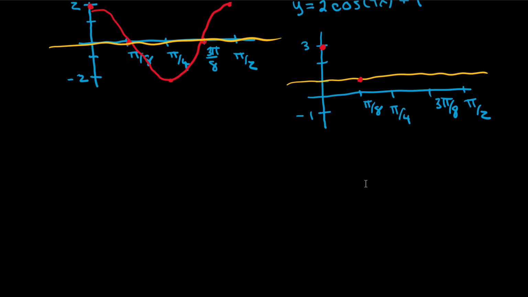At pi over 4, it's down at the bottom of where it's going to go. At 3 pi over 8, it's back on the midline, and at pi over 2, it's up here. And what it's done is it's shifted the whole graph up 1 unit. So there's how you can go about graphing step by step, taking one characteristic at a time, to get a graph of a function where you have different coefficients at different points within the function.